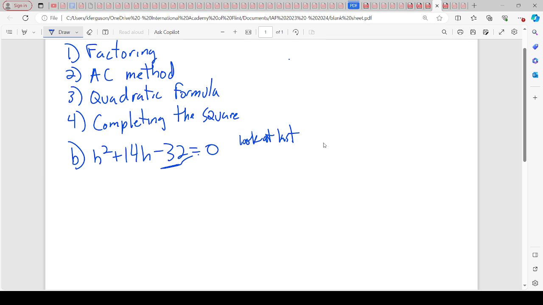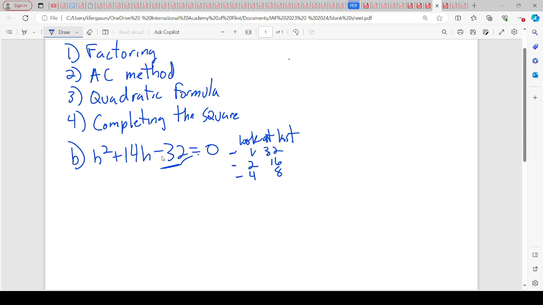I need to figure out what two numbers multiply to give me negative 32, but when I add or subtract them, I get a positive 14. So I look at the factors of negative 32. I know there's a negative in there, but I have 1 times 32, 2 times 16, and 4 times 8. I look at which of those pairs, when I combine them, gives me 14.